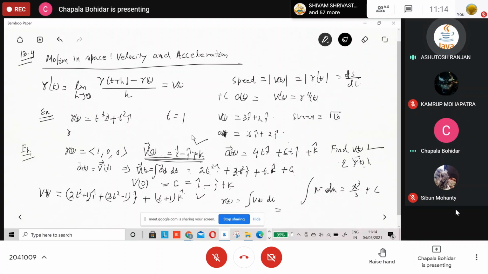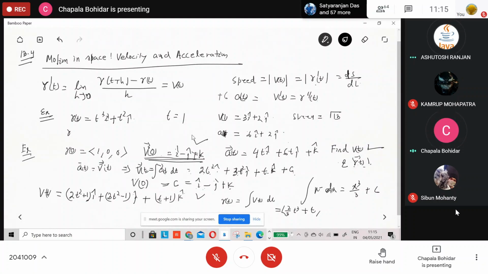2t cube by 3 plus t, comma, t cube minus t. It is 2 by 3 t cube, plus t, plus t, comma, i cap. Then in component form, it is t cube minus t.